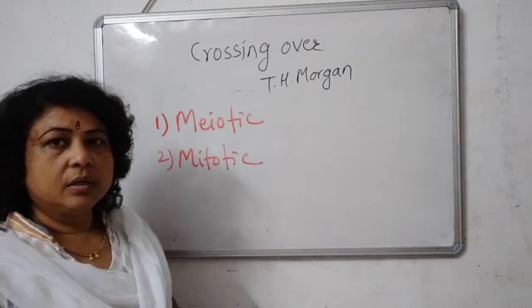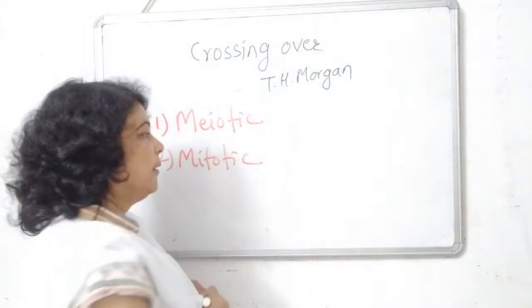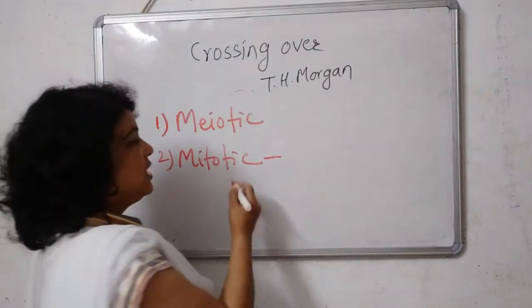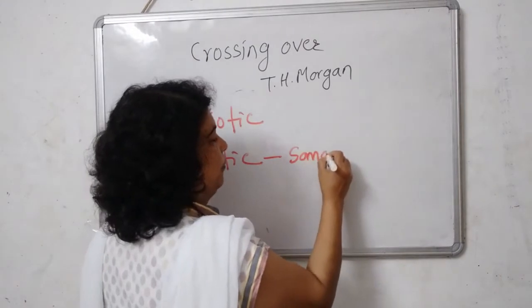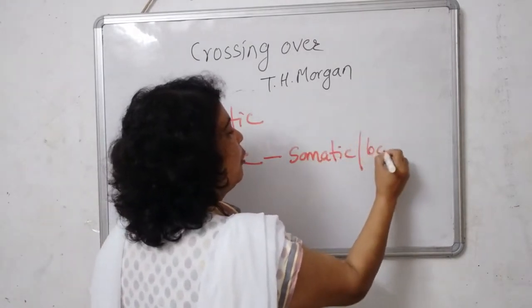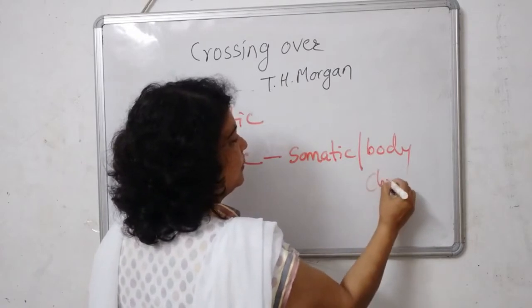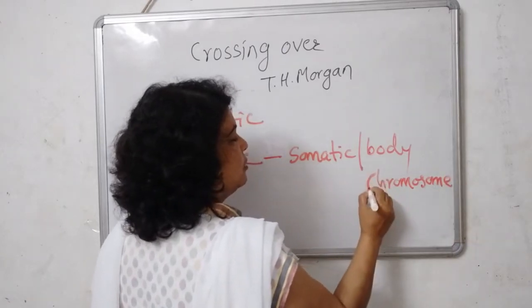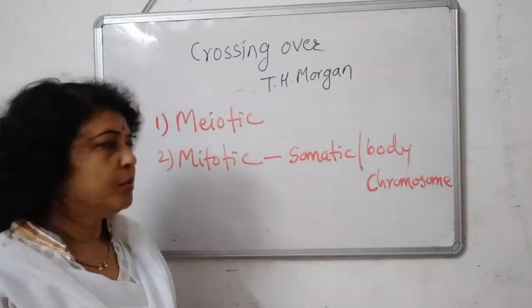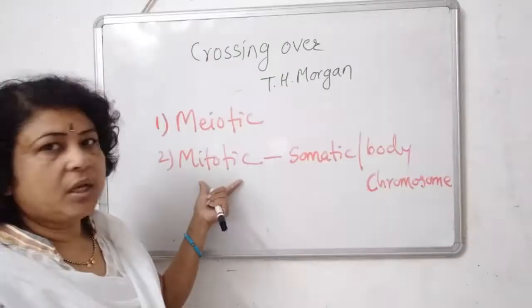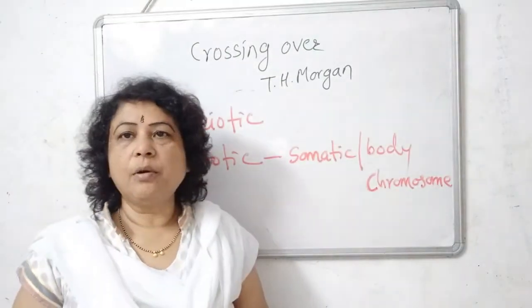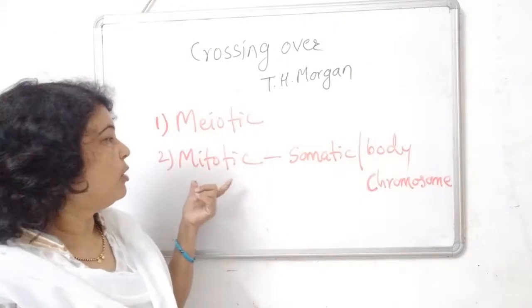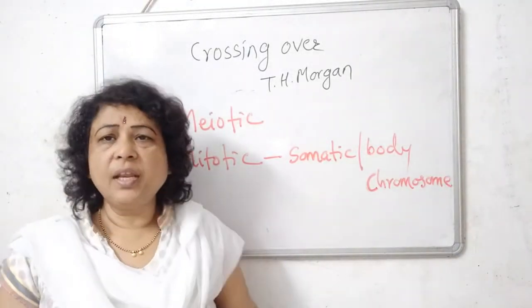First we will discuss the mitotic. Mitotic crossing over takes place in the somatic or body chromosome, at the time of mitosis, and this type of crossing over is very rare.